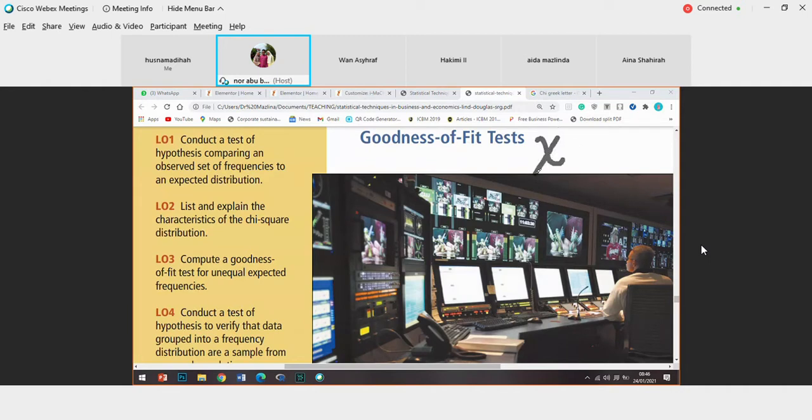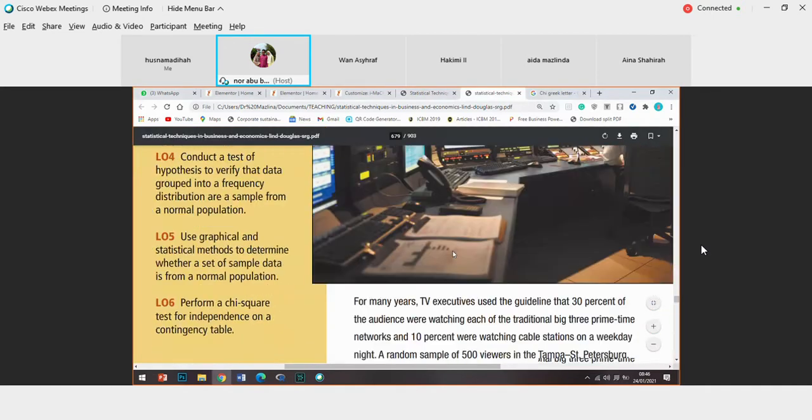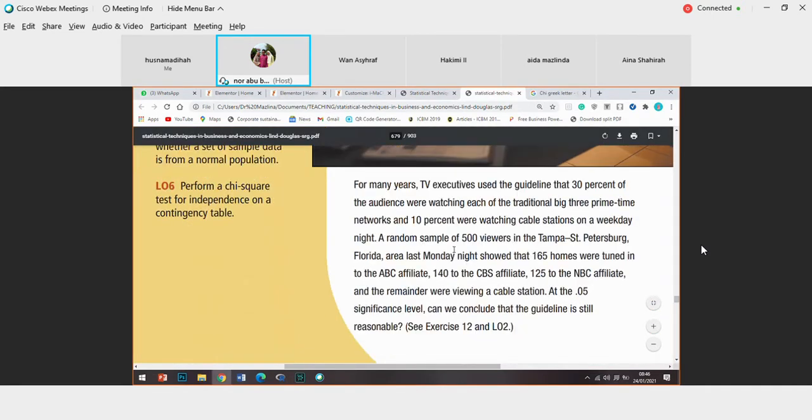Macam tu. Okay, chi-square. Alright? Okay, whichever lah ya, korang rasa selesa. Okay, so for chi-square, let's start with an example here to have a view on what is a chi-square.